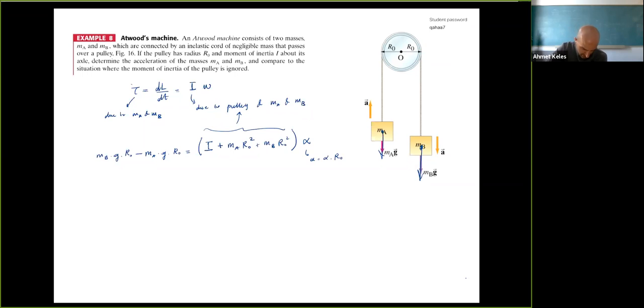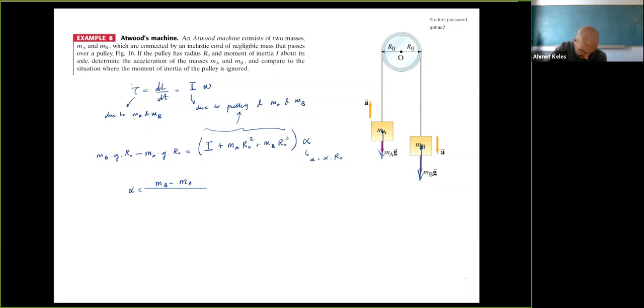Okay, let's solve this for alpha. Alpha is equal to MB minus MA, this whole thing divided by, what is it going to be like?